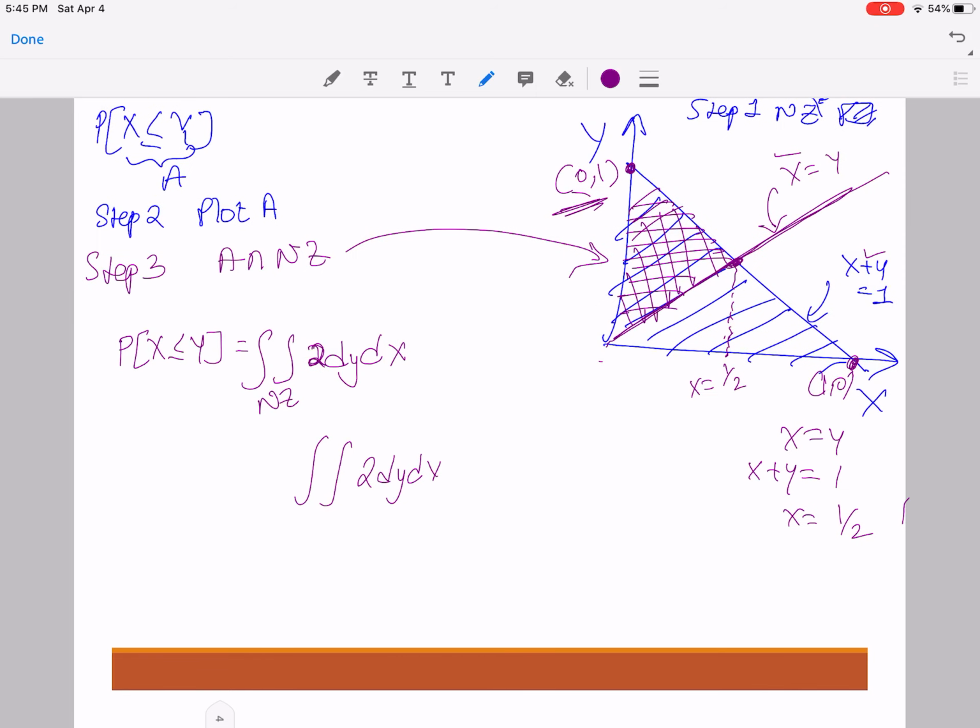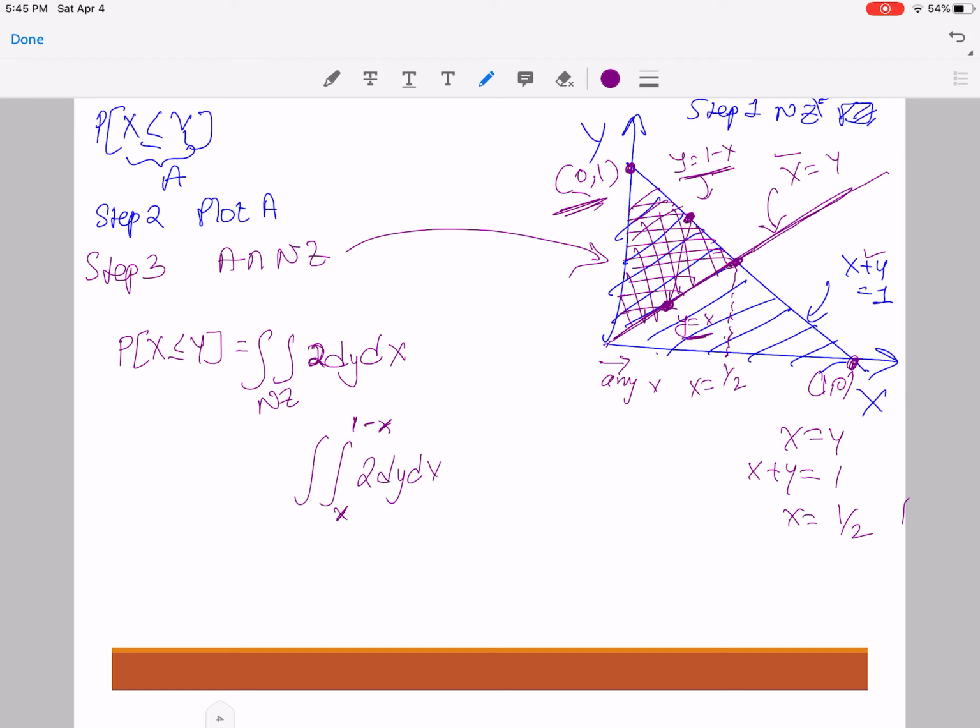So my limits of double integration will be obtained as follows. For any x, y in this region varies from this point where y is equal to x all the way to this point right here where y is equal to 1 minus x. So that's the limit of inner integration with respect to y. For any x, y varies from x till 1 minus x.